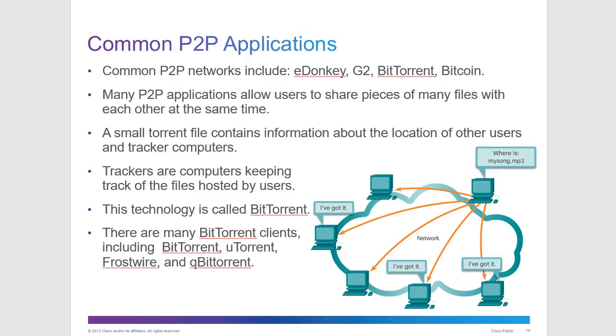some older programs like eDonkey and G2. Bitcoin's still around, BitTorrent's still around. Those are peer-to-peer services that have an index in the middle letting you know where you can go to get the files that you're looking for. So those are hybrid peer-to-peer services. I believe we've discussed BitTorrent here before.